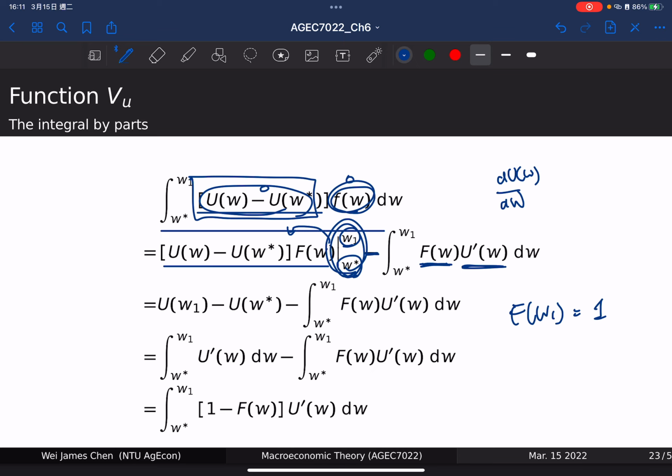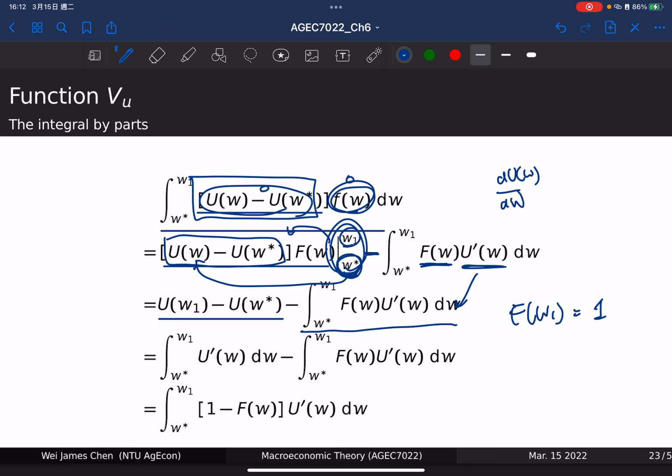And if you insert w star into the second term, it becomes 0. So what you get is u of w1 minus u of w star, minus this. This one doesn't change.